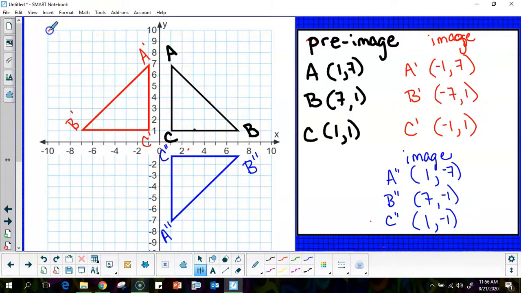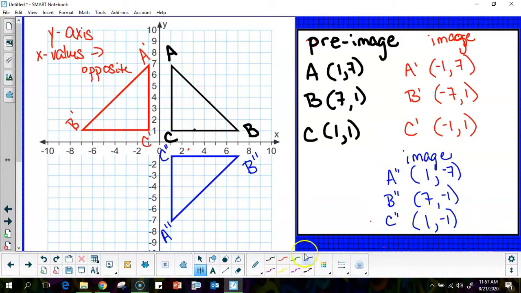So when you flip or reflect across the y-axis, it looks like the x values change to their opposite. In other words, if it's a positive, change it to a negative. If it's a negative, change it to a positive. So everything stays in the same order, you just change the x values, okay?